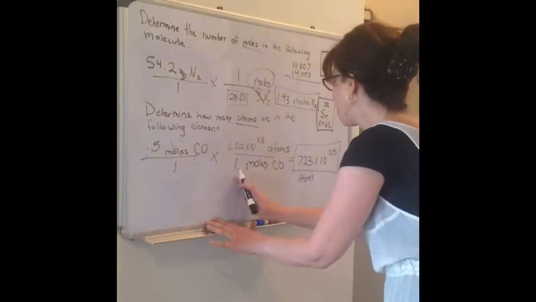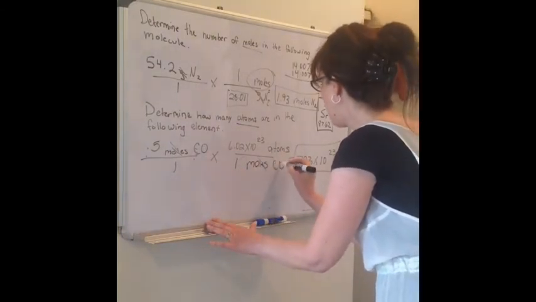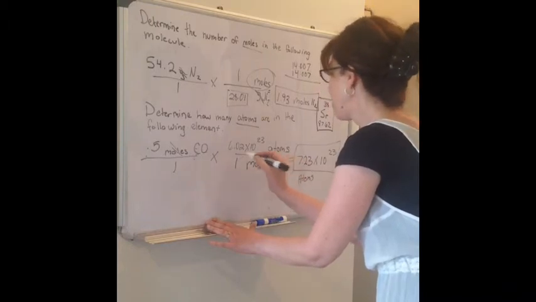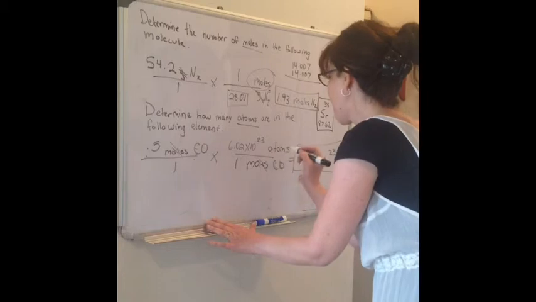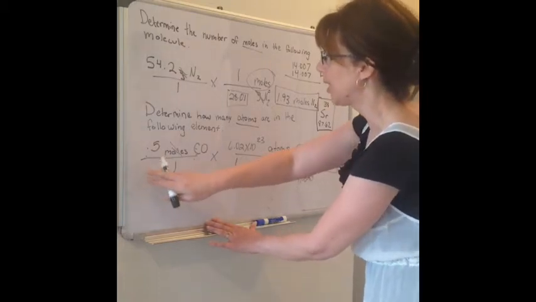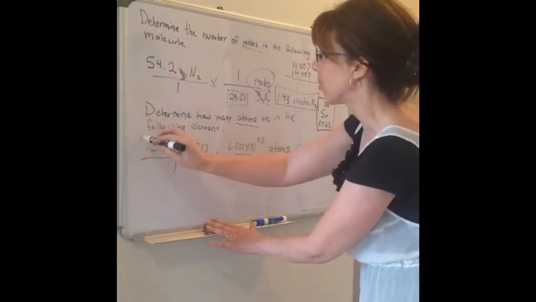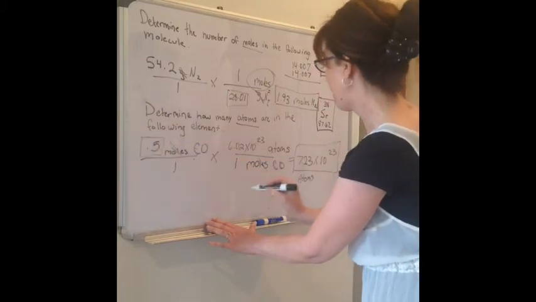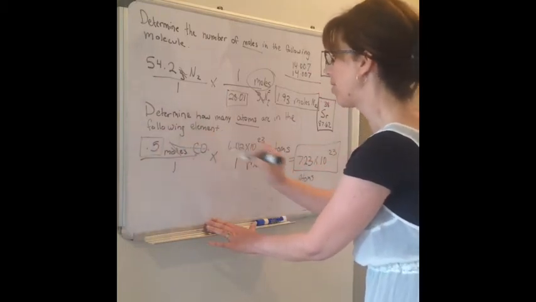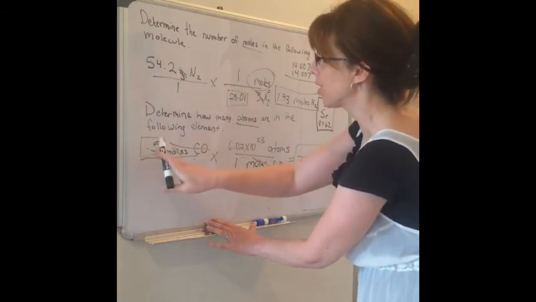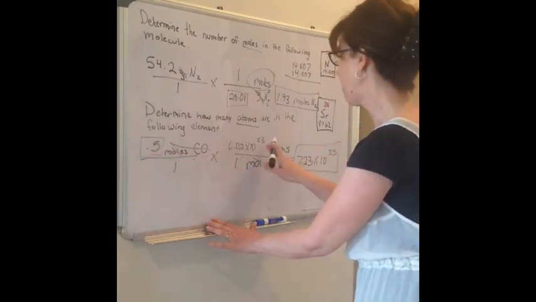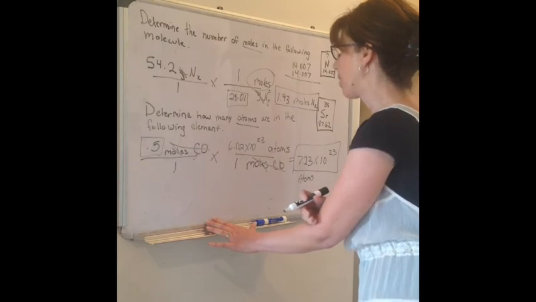There is still going to be 1 mole of carbon monoxide to 6.02 times 10 to the 23rd atoms. So now all you really did was change this number right here, and we're going to cancel out our moles of carbon monoxide. For the second question, you're just going to multiply 0.5 by 6.02 times 10 to the 23rd.